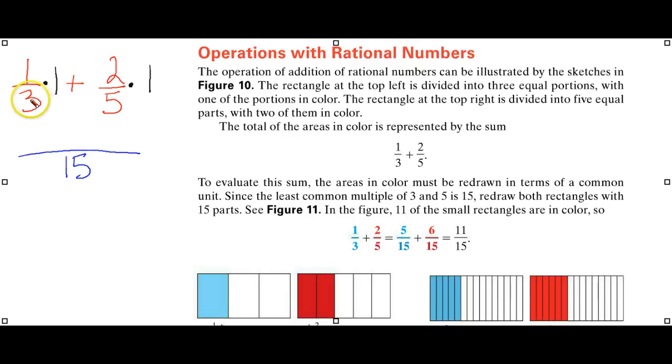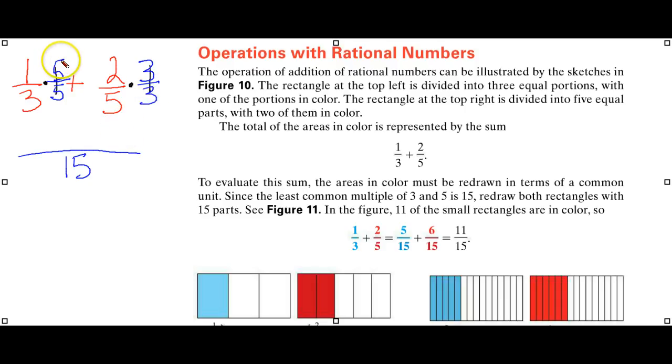So what do I need to multiply the 3 by to make it a 15? And the answer is 5. So the 1 here that we're going to choose is 5/5. And what form of the 1 will we choose here to make this a 15? And if you said a 3/3, that is correct.